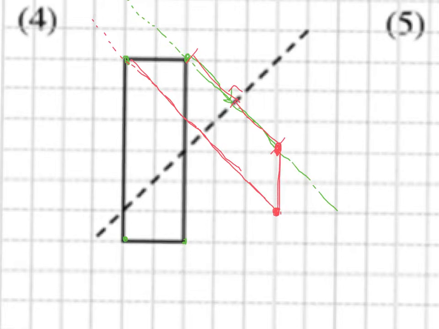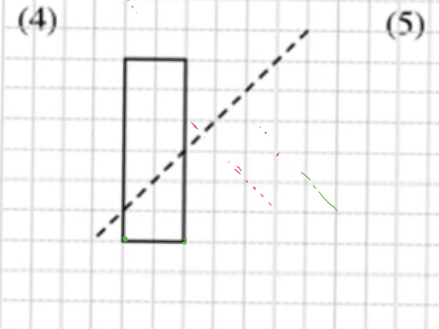Now, another thing you can do for these problems is you can draw your own XY coordinates if you struggle with diagonal lines and reflecting points across them. For instance, we could make this my y-axis.